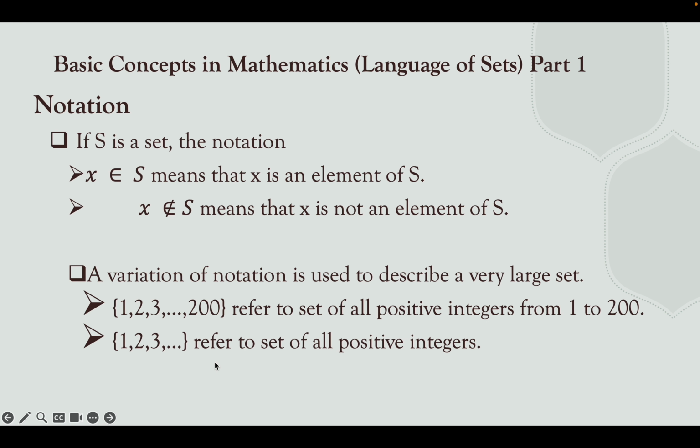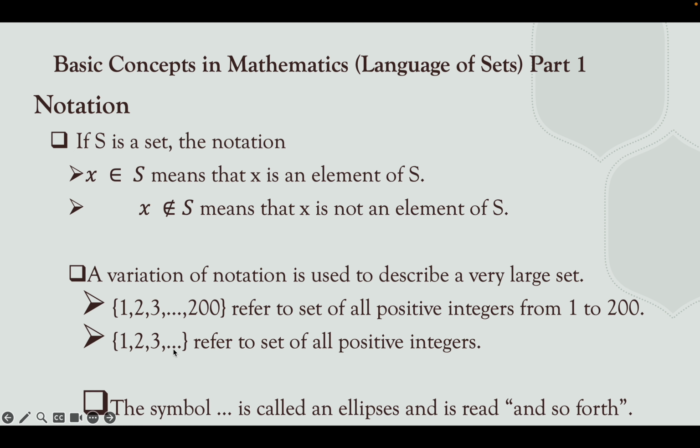Another example is the set of all positive integers. When we write this as a set, we have 1, 2, 3, and then the ellipsis. The three dots are called an ellipsis, and it is read as "and so forth." So we have 1, 2, 3, and so forth.